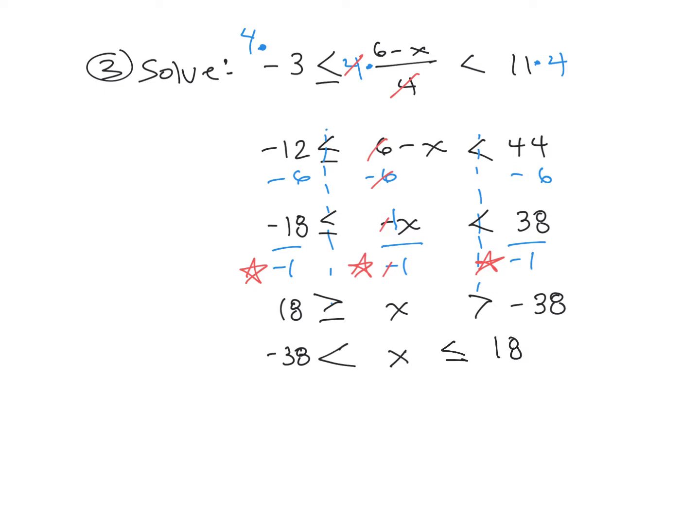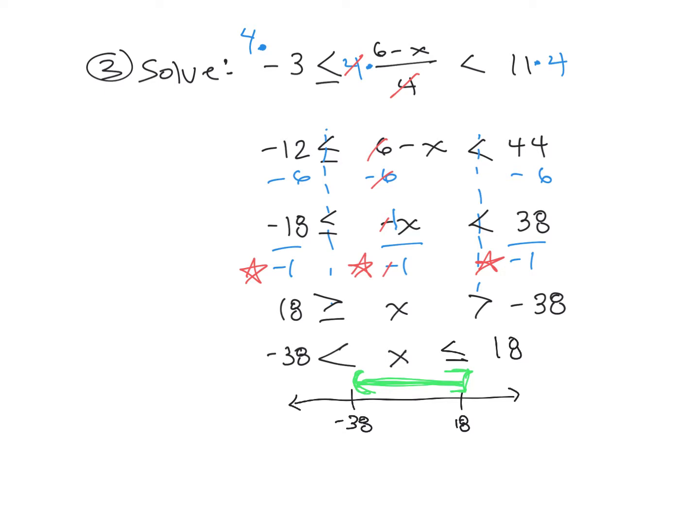So the picture of my solution set is x can be any value in between -38 and +18. So I can shade anything in the middle there. It cannot include -38, so parenthesis, but it can include 18, so square bracket.